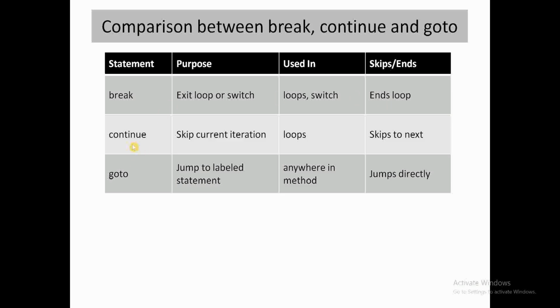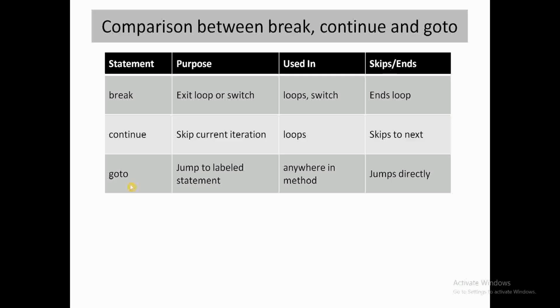Next we have the continue statement. If we want to skip some particular condition and directly move to the next iteration, then we can go with the continue statement. We can use that in our loop statements, and it skips that particular code block. So this is the continue statement.